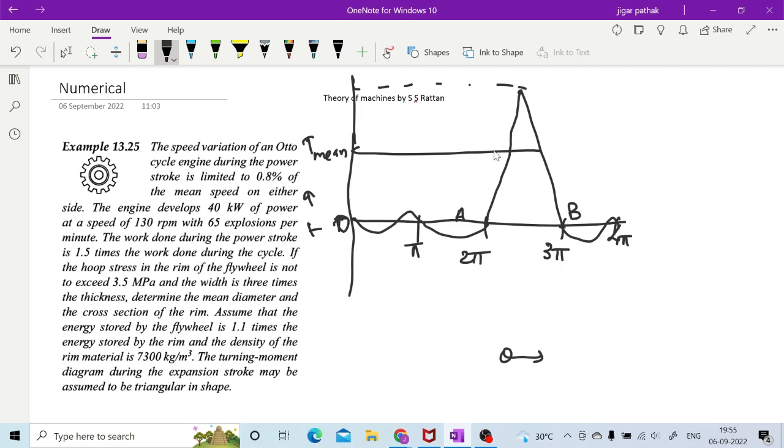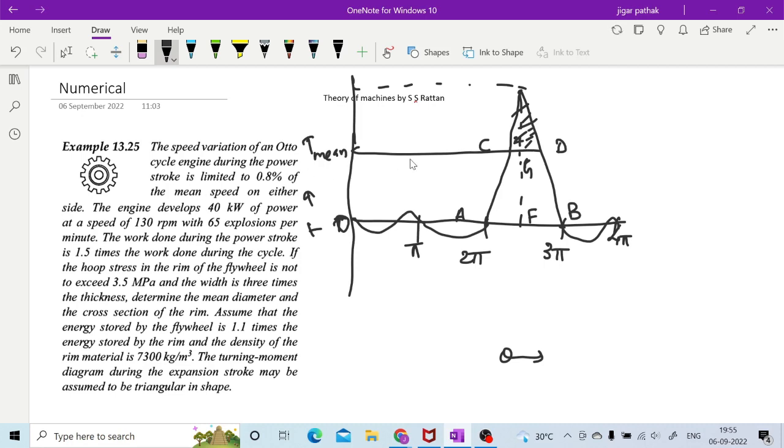So here A, B, C, D, and you can have G and F. This triangle is the excess energy. It is not that big in my figure, but actually it is 1.5 times the work done during the cycle, as given in our data.